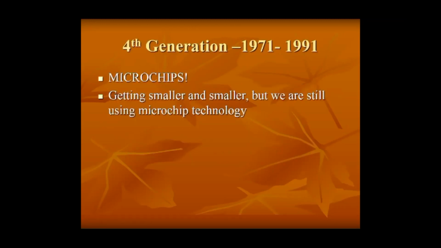Again, the fourth generation started in 1971 until 1991, but I think nowadays we are still using the microchip for the latest computers. Please be reminded that computers are getting smaller and smaller, but we are still using microchip technology.